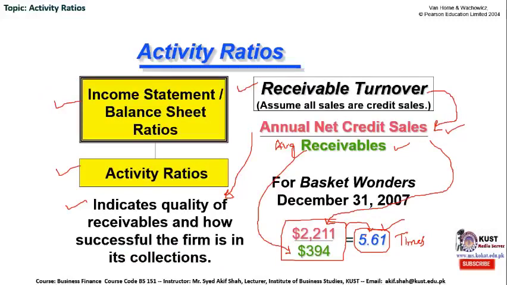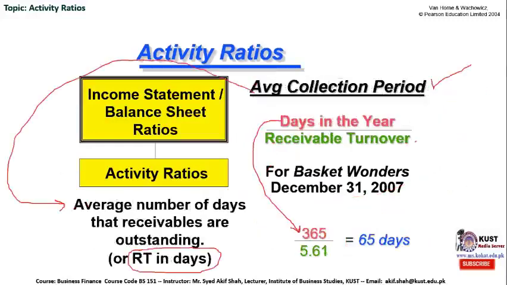So in order to find the number of days, we require the account receivable turnover data as well. As we know, in our previous slide we calculated the account receivable turnover, which was 5.61. So after plugging in the relevant data, we come up with 65 days.